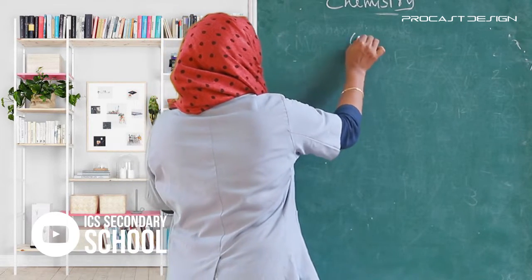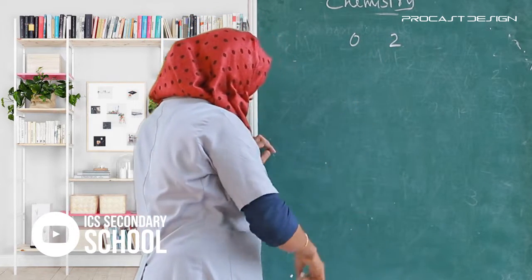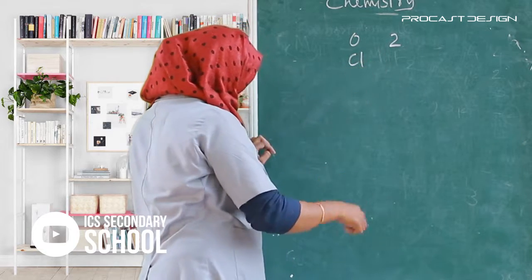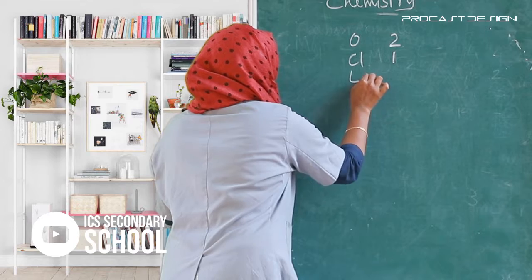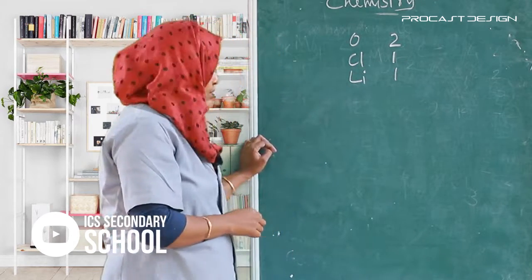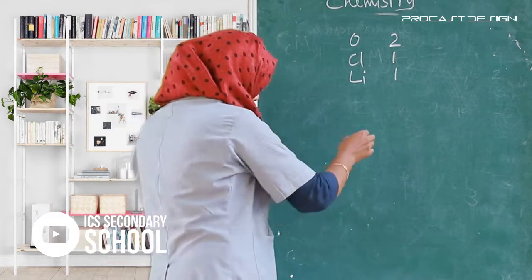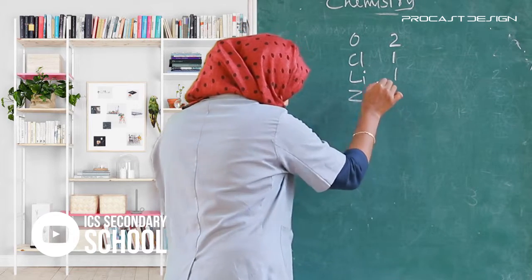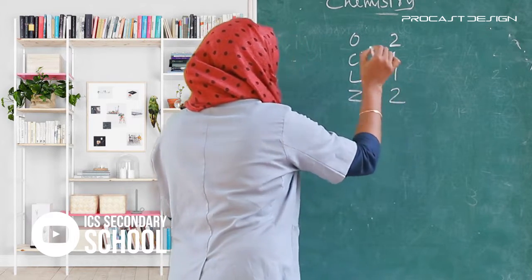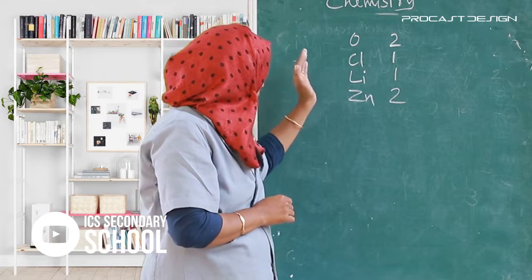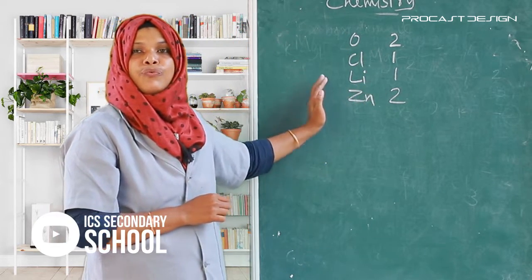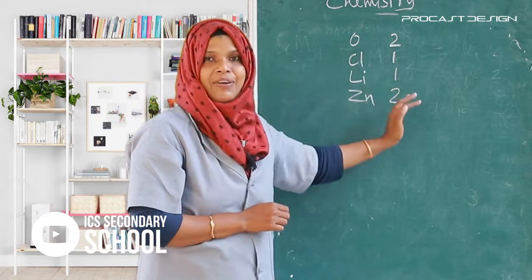Oxygen valency 2, chlorine valency 1, lithium valency 1 and zinc valency 2. Then you make 4 compounds using these valencies.